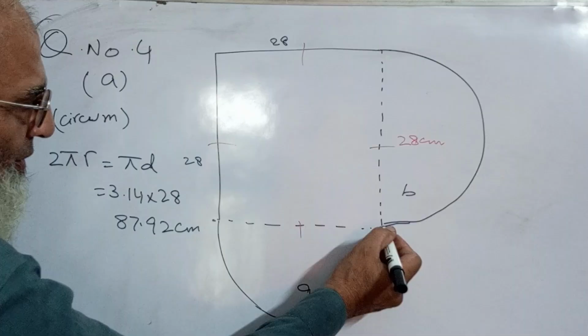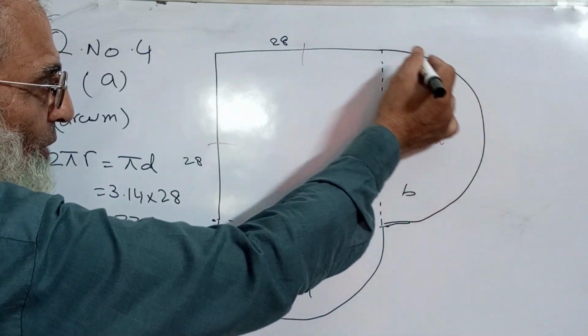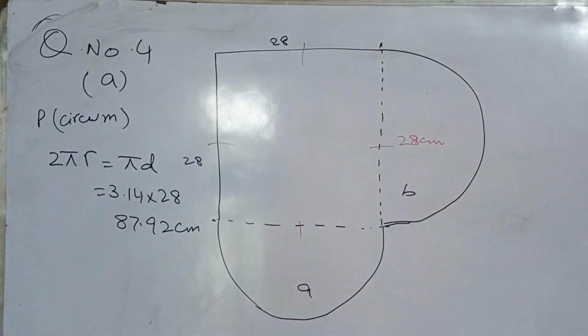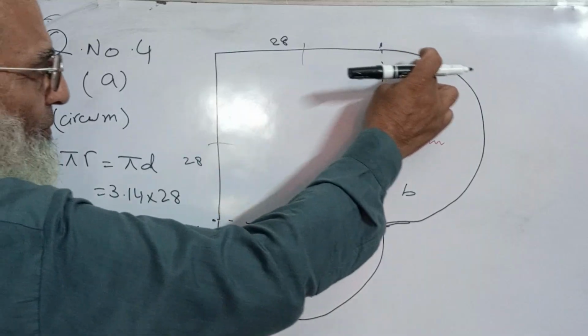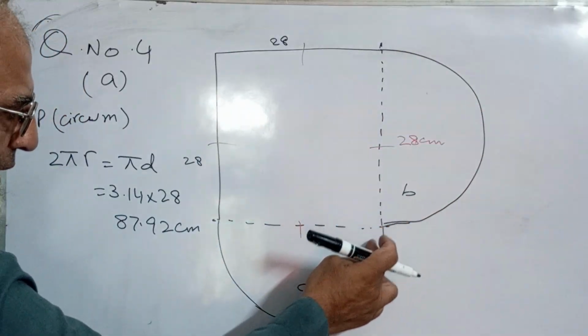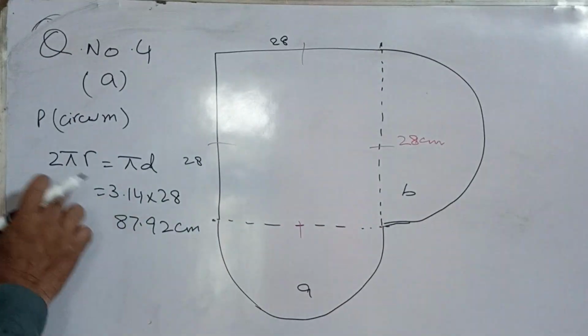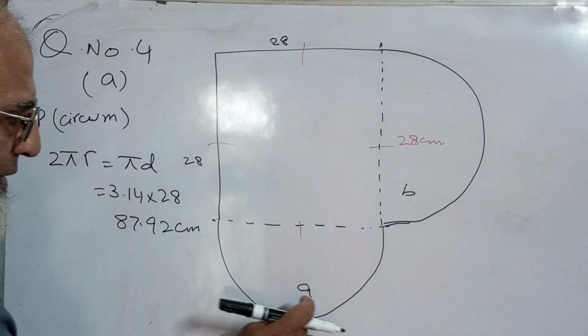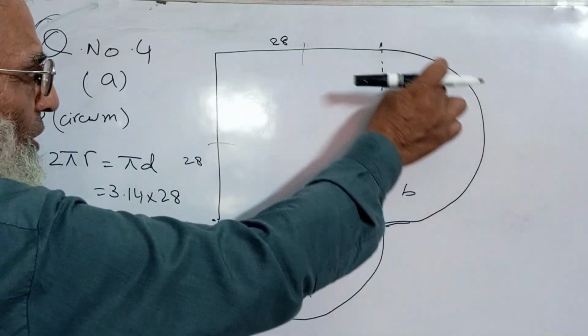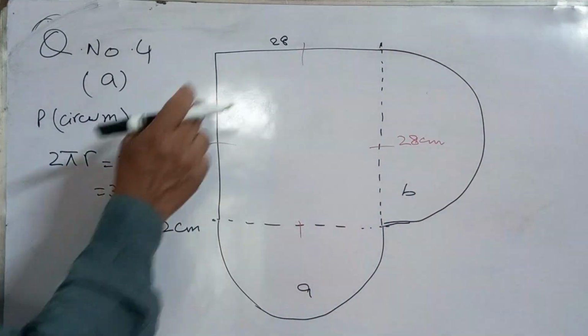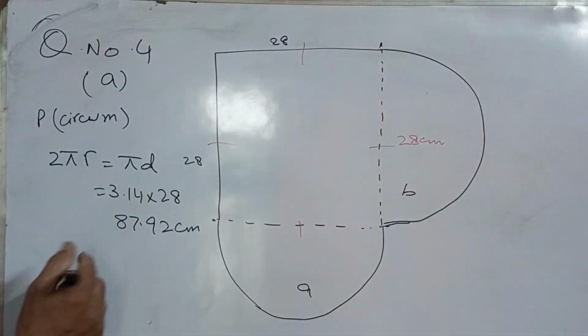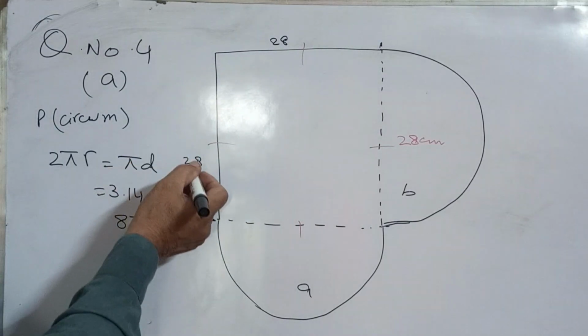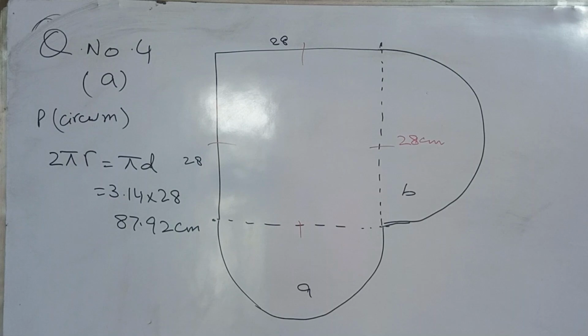From here, keep on traveling up till here. Okay, now this is the perimeter or circumference we have found so far. Now two equal lengths, that is 28 and 28, are 56.